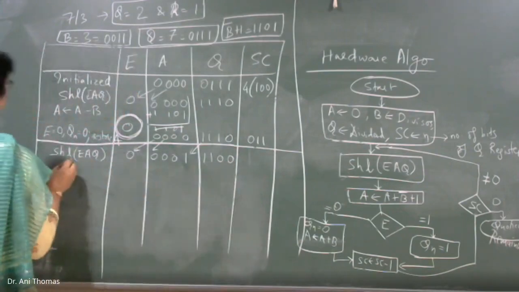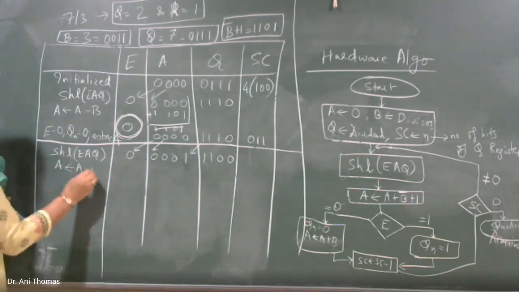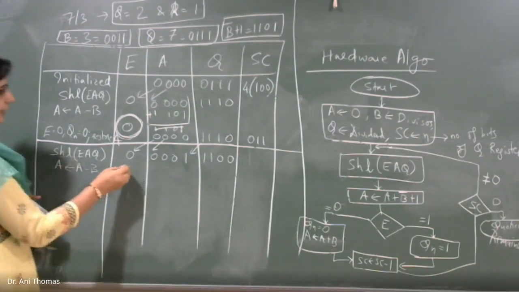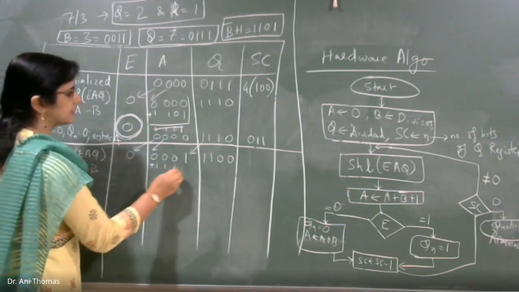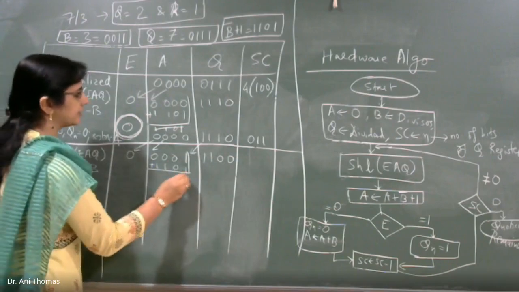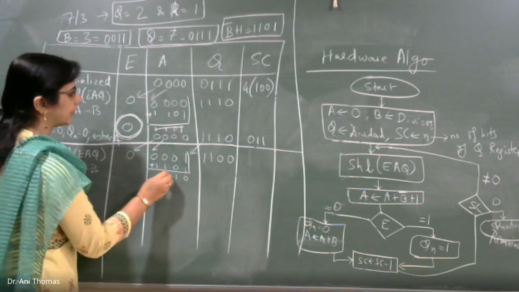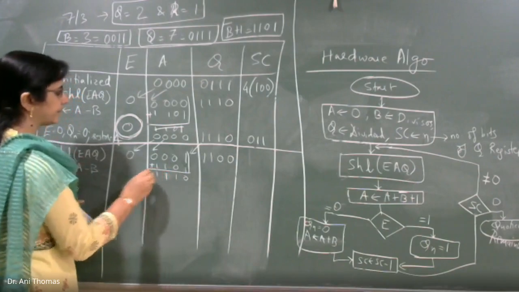So we write again A is A minus B, and what do we get? We add with this 1, 1, 0, 1. What we are getting here is 1 plus 1, 0, 1, 1 plus 0, 1, 1.